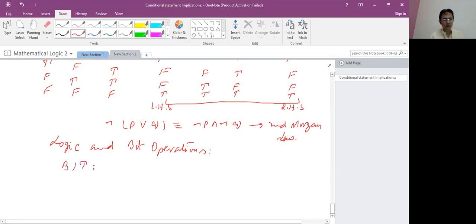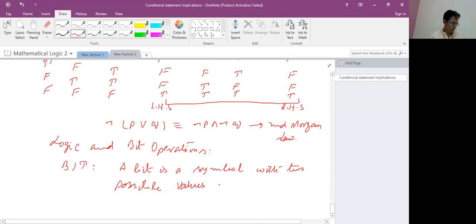We will consider bit. What is a bit? A bit is a symbol with two possible values, 0 and 1. This is called a bit.